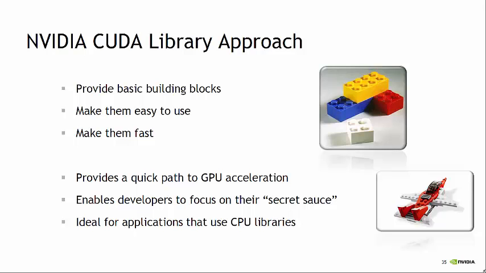So a lot of those libraries, if running on the GPU, would call cuBLAS. cuBLAS is a low-level basic building block, which a lot of them use. The intention is to make our libraries easy to use and make them fast. When you're using a library, it's not great if you have to focus on how to implement a fast Fourier transform, for example. You don't want to have to bother with that. You want to concentrate on your code, making your code fast. So it enables you to focus on what is unique to your code rather than having to reinvent the wheel.